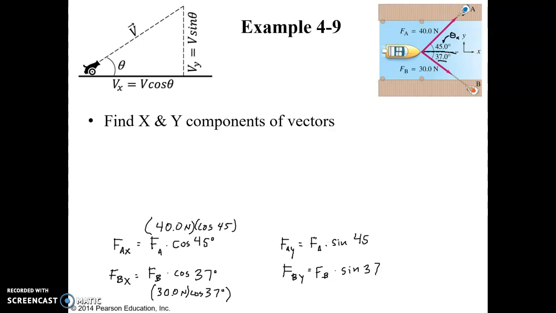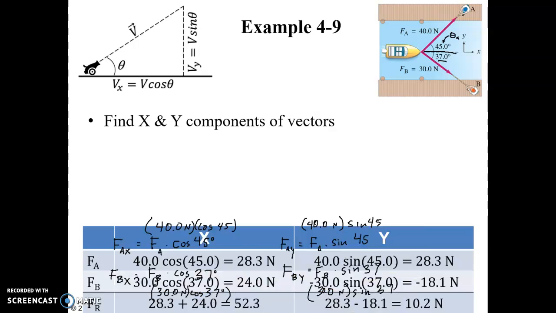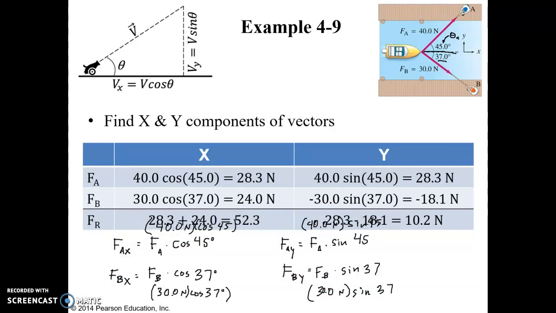This again is 40 newtons times sine of 45, and this down here would be 30.0 newtons times sine of 37. Okay, so I wrote that all out, but I already had it typed up. I had it here on the slide. If I just advance the slide, it brings this up. Let me actually erase some of the stuff that's getting in the way. There we go. So that's a neater representation of what I just did.